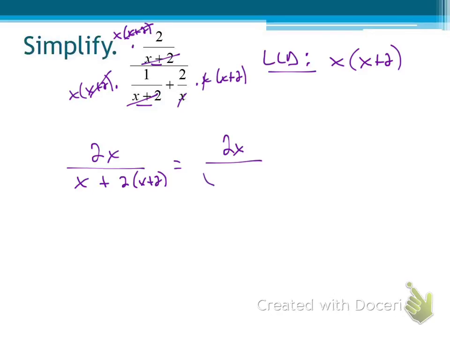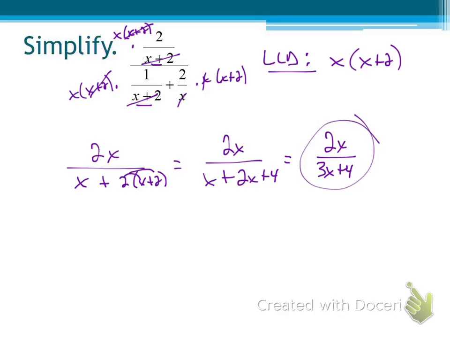You get 2x over x plus, and distribute here. And we simplify out to this. Remember, the x's in the numerator and the denominator cannot divide out because one of them is a monomial, the other is in a binomial.